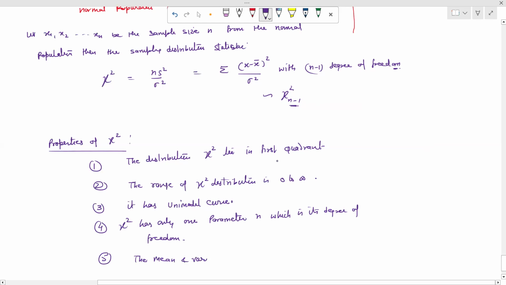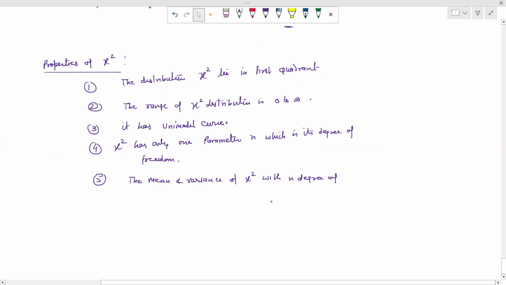The mean and variance of chi-square with n degree of freedom: the mean is equal to n and the variance is equal to 2n. So mean equal to n and variance equal to 2n. The standard deviation will be √2n. So we have to remember this thing.